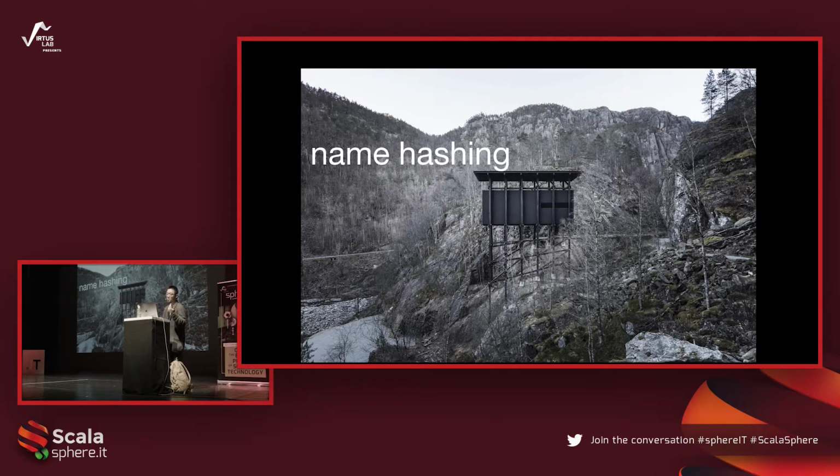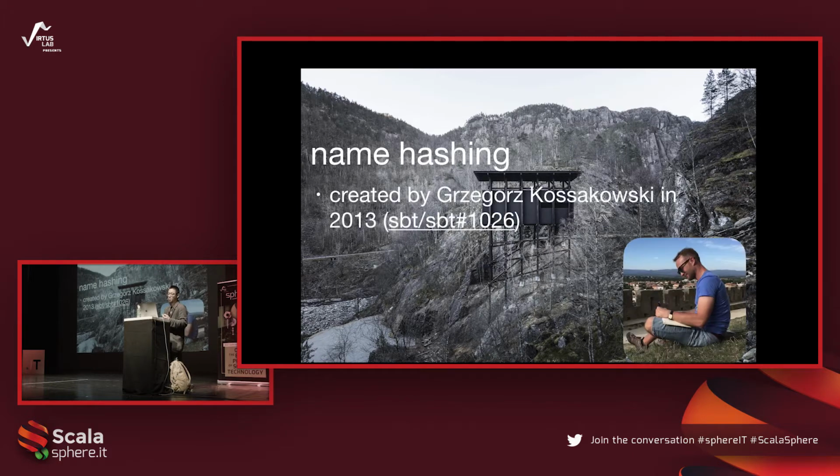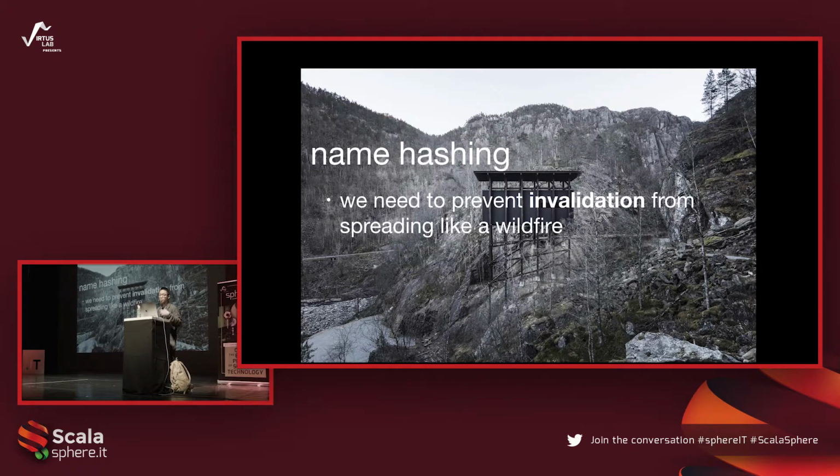It's fun to talk about name hashing at this conference because it was created by Grzegorz Kossakowski in 2013, and it has been the default incremental mode since 0.13.1. For sbt 1 and Zinc 1, he also updated it so that it tracks name hashing in a more granular way. The goal, like I said, is to prevent this invalidation from spreading downward unnecessarily.